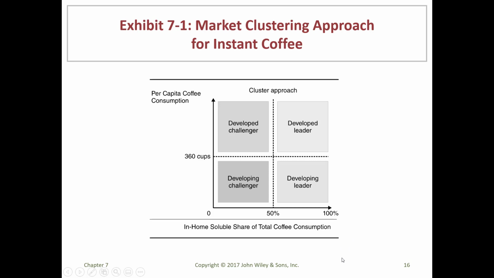So imagine we're Folgers or Nescafe, and we're trying to work out how much the market is actually worth to us. We can split our markets up into these 4 segments.